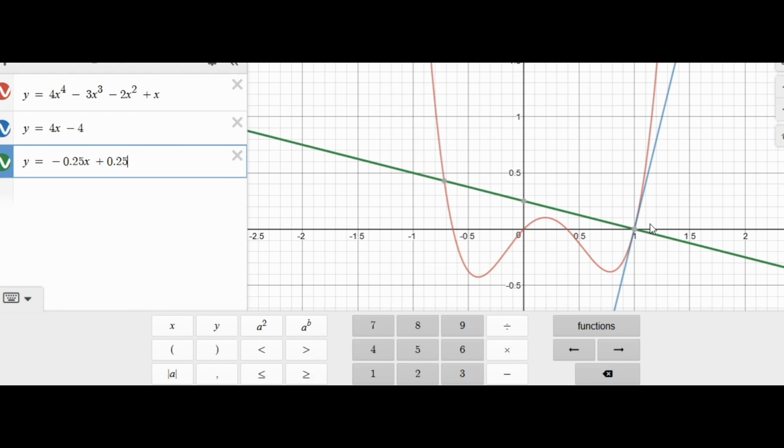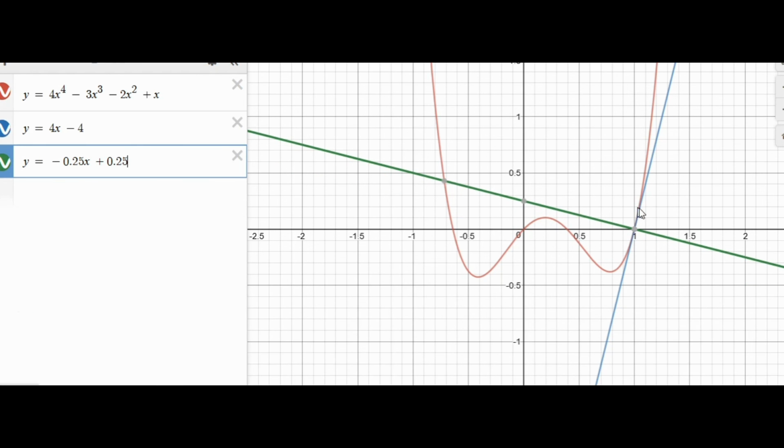And as you can see, the green line is our normal. It's passing through the point (1, 0), and as you can see, it's perpendicular to the blue line, which is the tangent. So that's the equation of our normal, which is the green line. So it's passing through the point (1, 0), it's perpendicular to the tangent, which is the blue line.